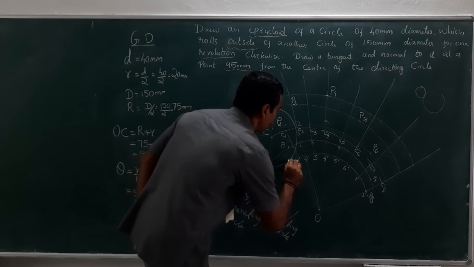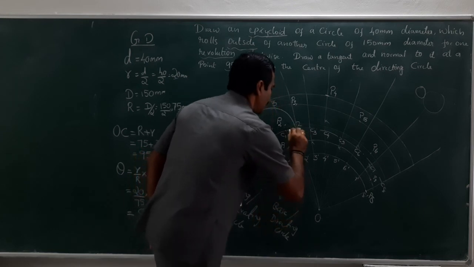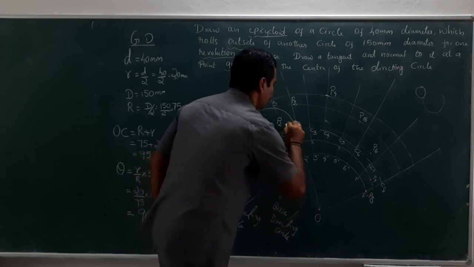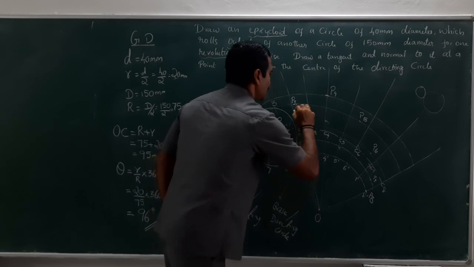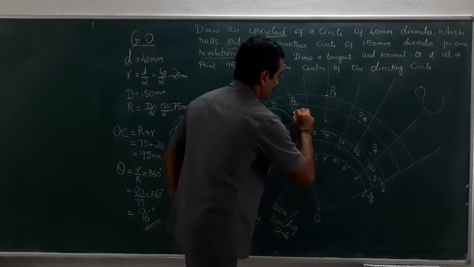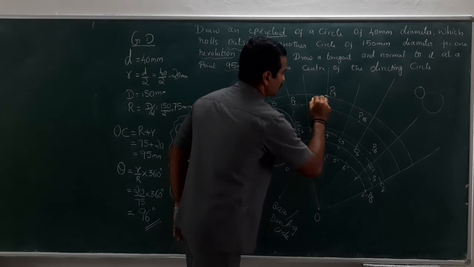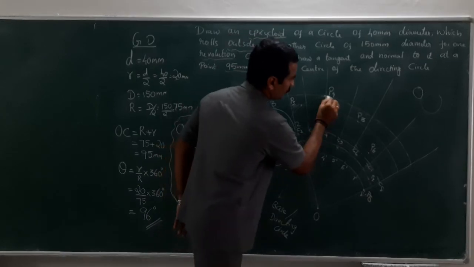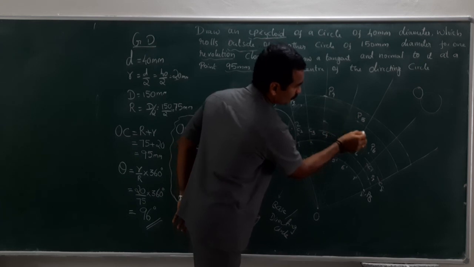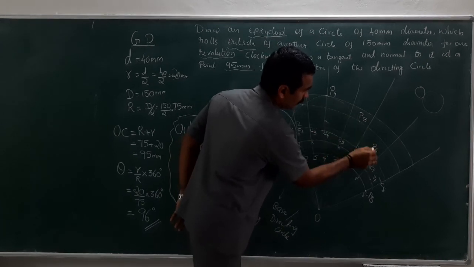So starting from P, draw a smooth curve passing through all the points, by using free hand.